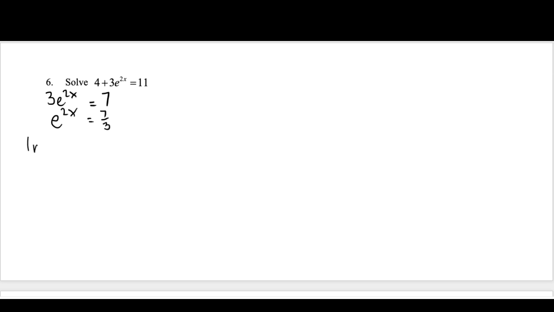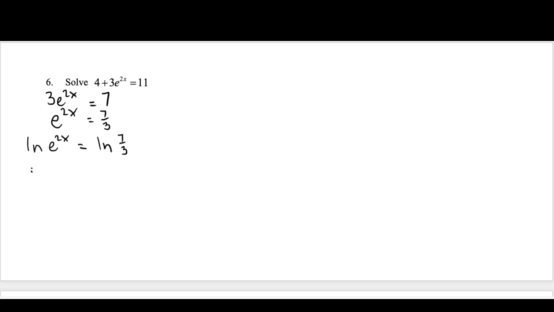If I do ln e to the 2x and set that equal to ln 7/3. When we covered some of the basic properties of logarithms earlier, we said that if you take a logarithm of an exponential, and the logarithm and the exponential have the same base, then the result is just the exponent.